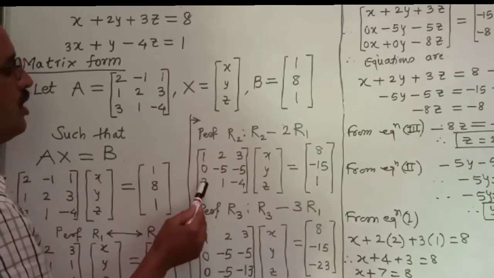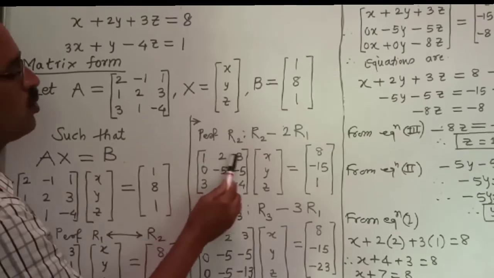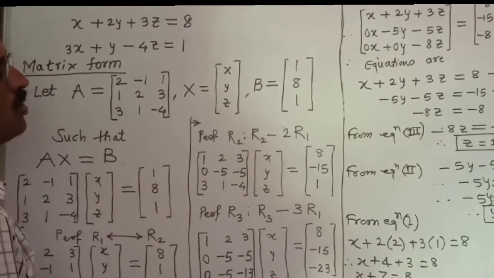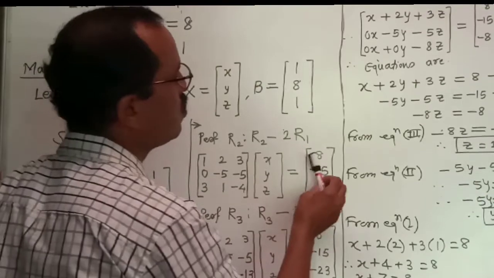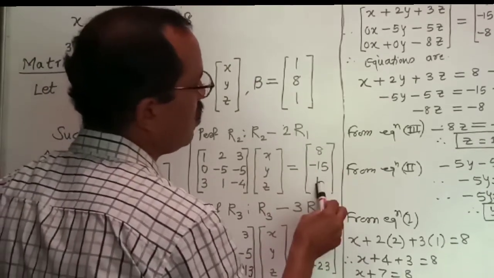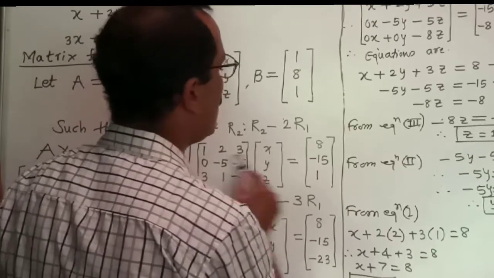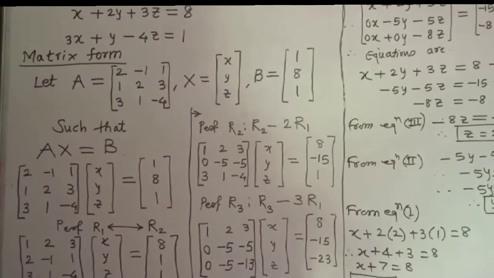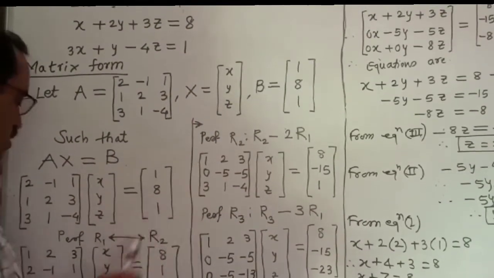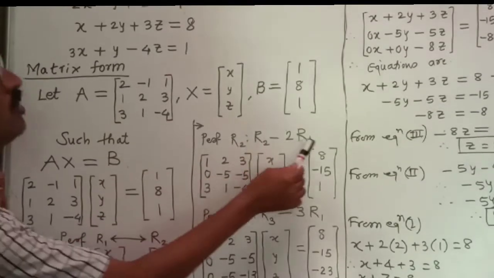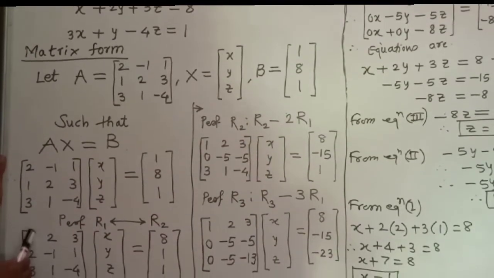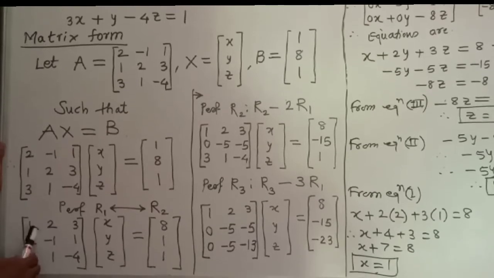Here R1 and R3 are in the same position, 1, 2, 3, 3, 1, minus 4, X, Y, Z, which is equal to 8, 1, in the same position, changing only R2. Here the transformation is R2 minus 2 R1.